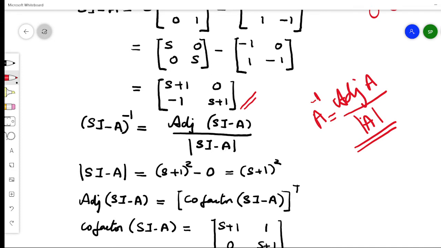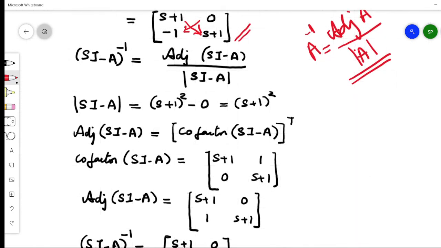Take this matrix and find the determinant. You multiply s plus 1 into s plus 1, and minus 0 into minus 1. So we get (s plus 1) the whole square minus 0. So the determinant of sI minus A is (s plus 1) the whole square.